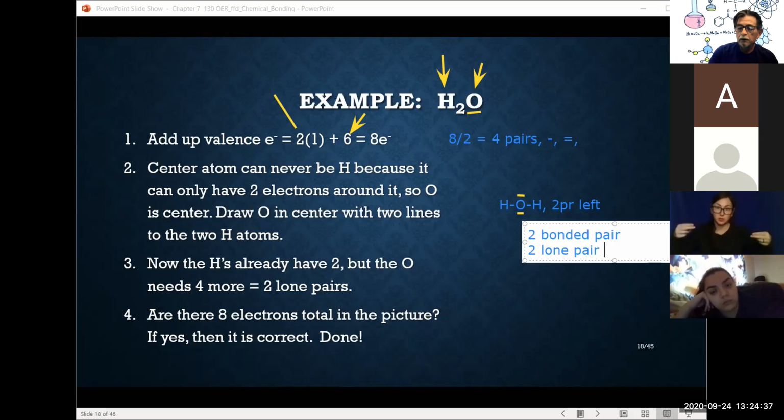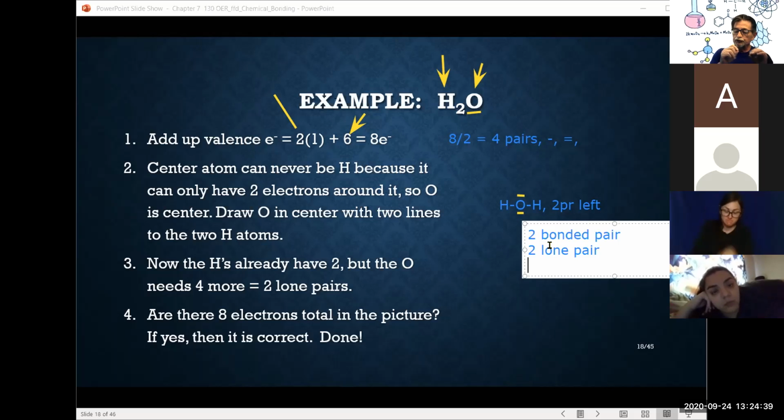And so now, once we figure out the structure and where all the electrons are and all the pairs have been accounted for based on the valence electrons, we create a general formula using the AB E notation. And so there's always an A, without a doubt, that's the central atom, okay?